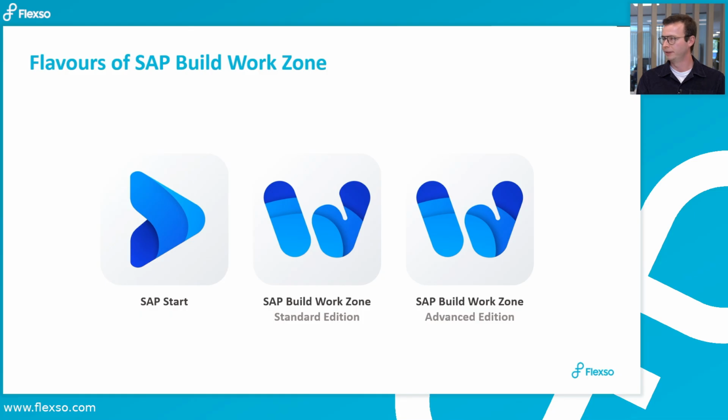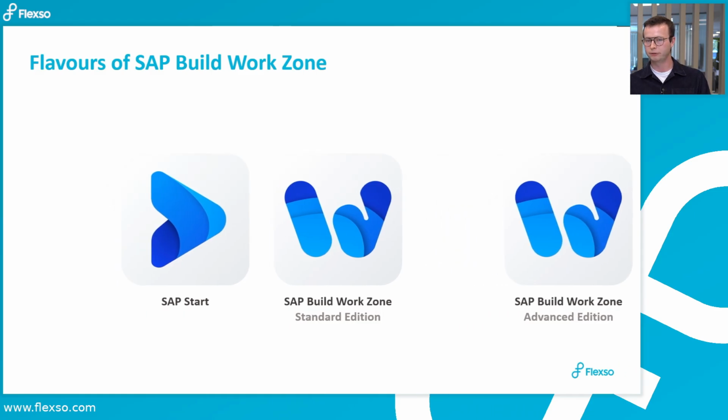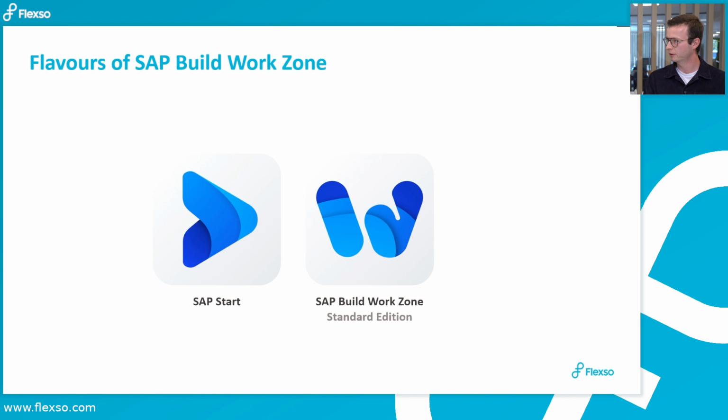SAP Build Workzone, the Advanced Edition, also unifies this access to your applications, also for your extensions and third party, both in the cloud and on-premise, but also adds your processes, your information, communication, and so on. During this Dev2Dev, we'll focus mainly on SAP Start and SAP Build Workzone Standard Edition.